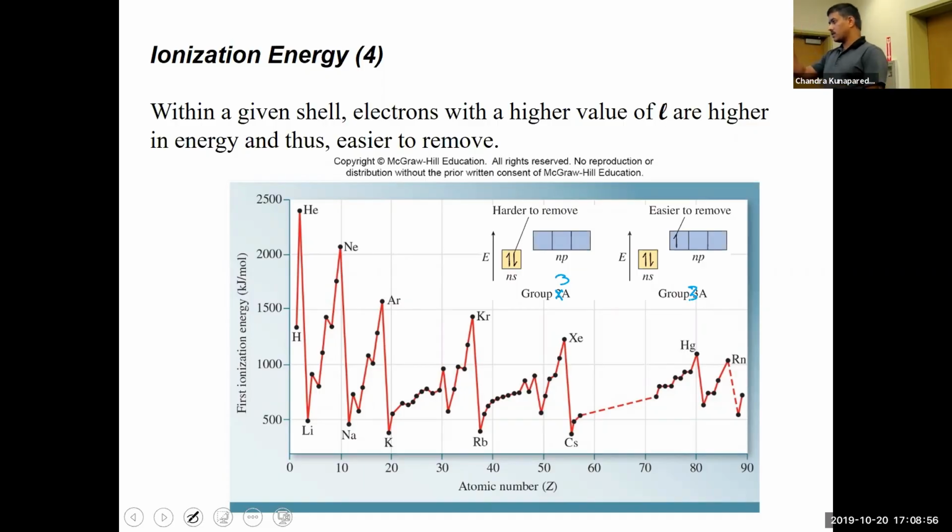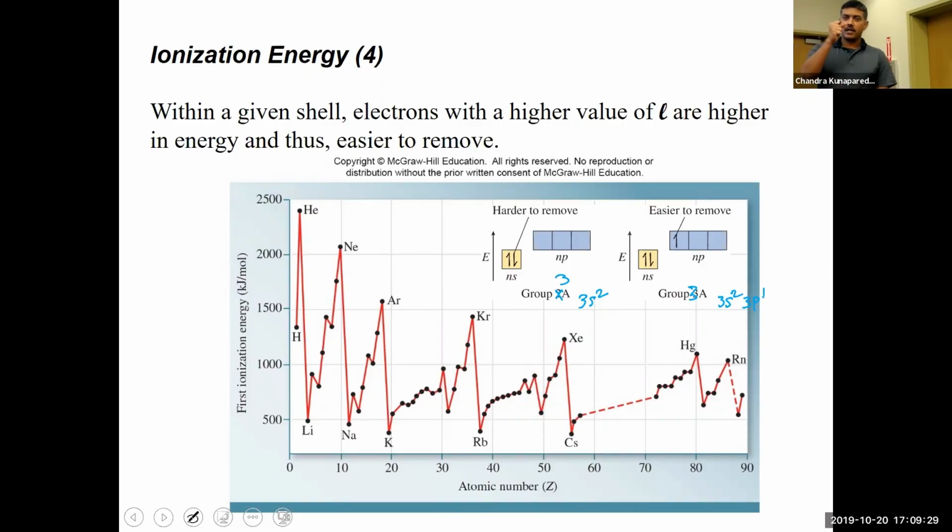So for example, this is saying that if your electronic configuration ends with 3s2, or if your electronic configuration ends with 3s2, 3p1, which one of these electrons is easier to remove? If you remember, we said that s orbitals are always lower in energy compared to p orbitals in the same shell. Which means s orbitals are always going to be much closer to the nucleus in comparison to p orbitals.